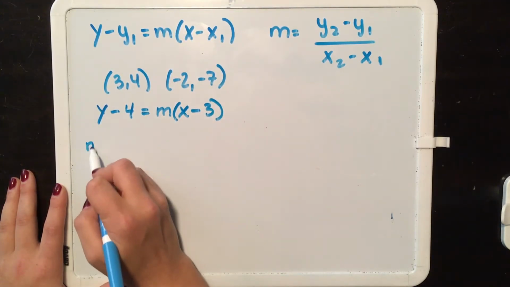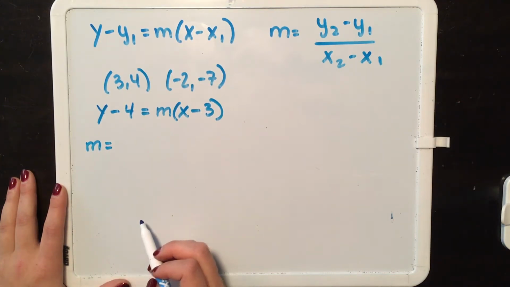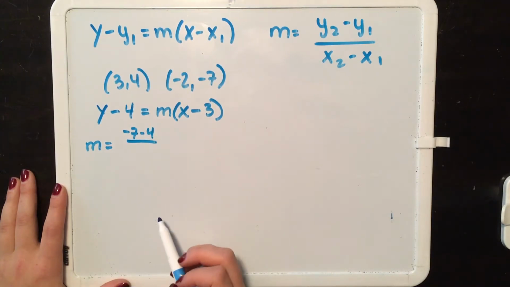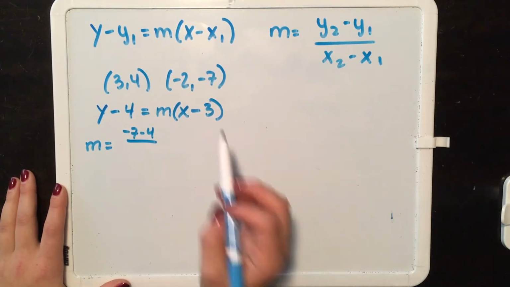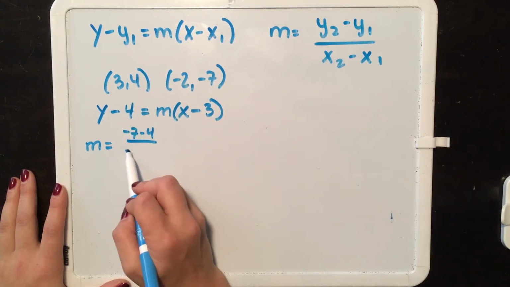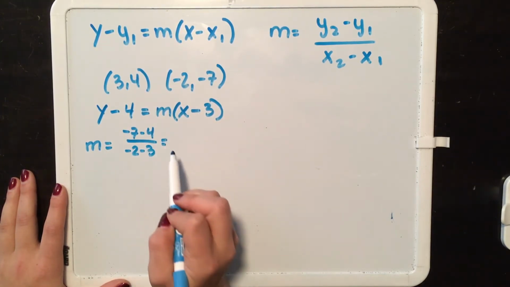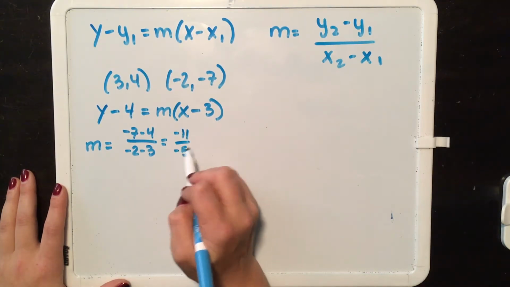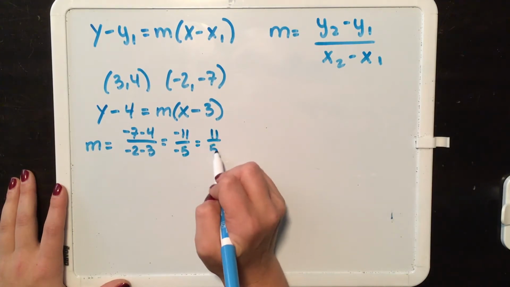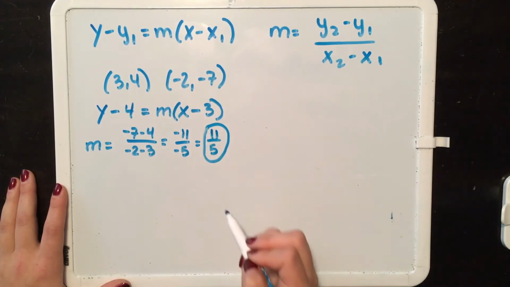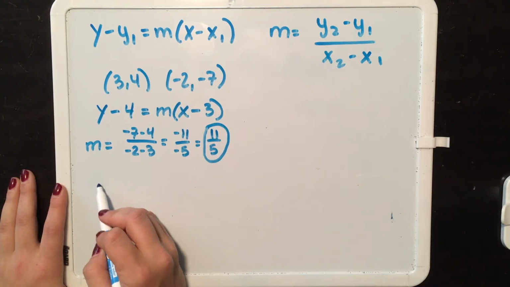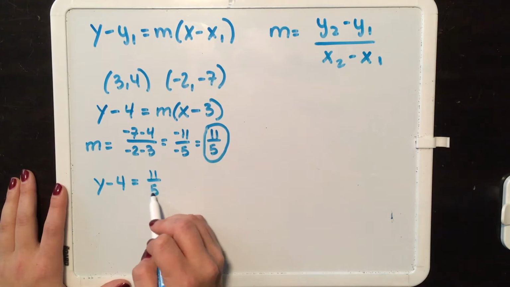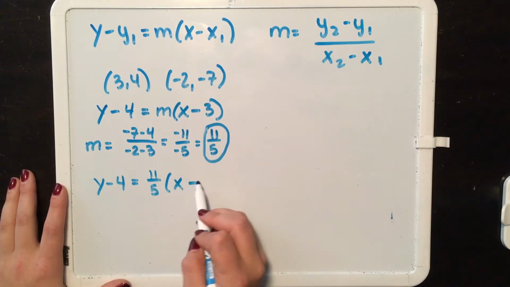To find m, we find the slope, difference of the y's, -7 minus 4 over difference of the x's, -2 minus 3. And this reduces to -11 over -5, which equals 11 over 5. This is our slope. And in point-slope form, our equation, y minus 4 equals 11 over 5 times (x minus 3).